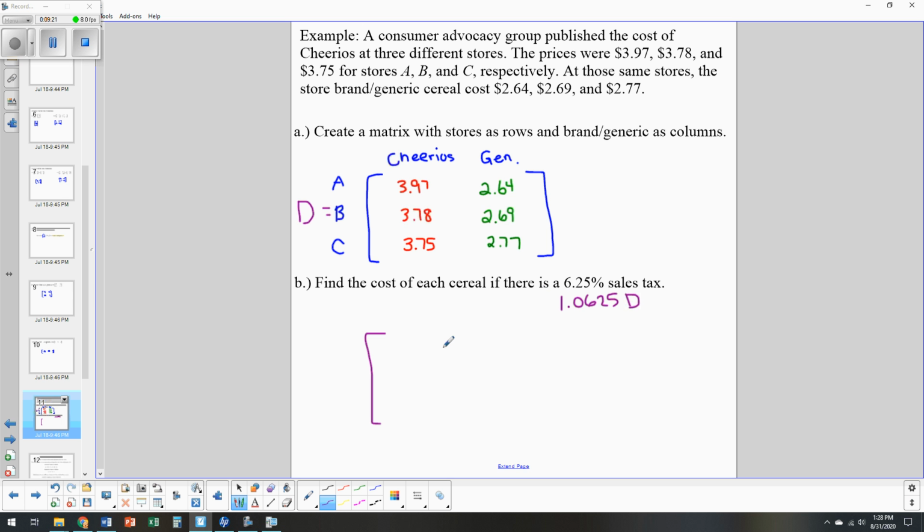So 3.97 times 1.0625, I get 4.22. 3.78 times 1.0625, I get 4.02. 3.75 times 1.0625, I get 3.98. 2.64 times 1.0625, I get 2.81. 2.69 times 1.0625, I get 2.86.